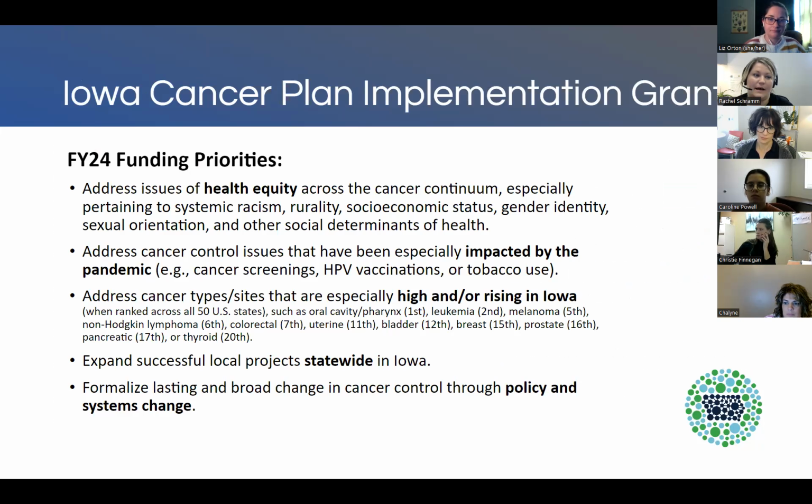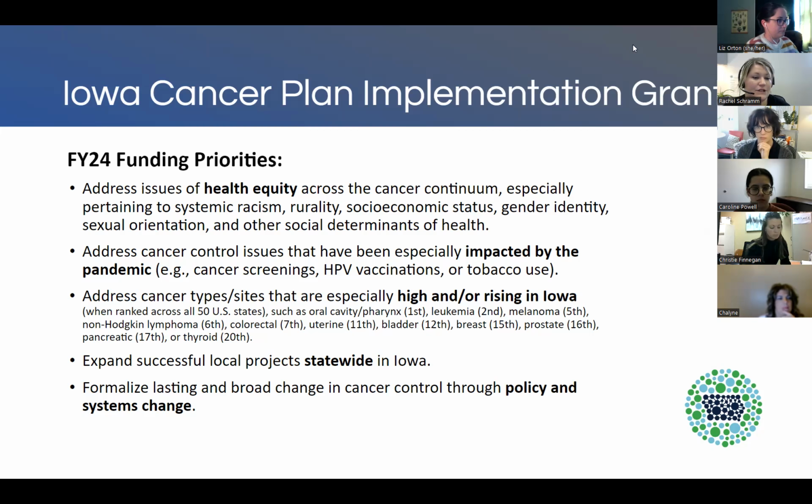One thing that our board of directors does look at is different funding priorities for the year. For FY24, which is our fiscal year starting this July, here are the main funding priorities. First, to address issues of health equity along the cancer continuum, especially pertaining to systemic racism, rurality, socioeconomic status, gender identity, sexual orientation, and other important social determinants of health.